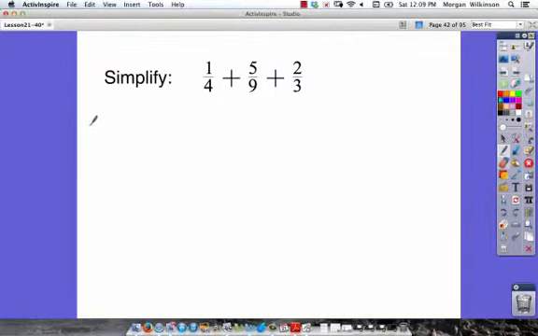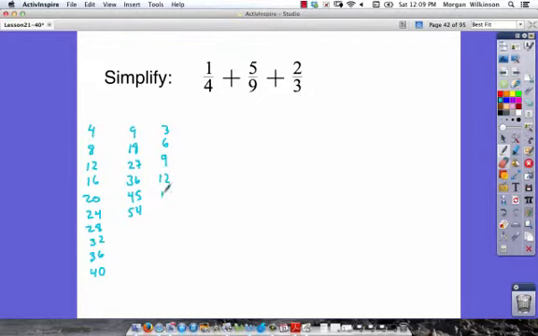So let's skip count by 4s. 4. Okay, we're going to go down this time. 8, 12, 16, 20, 24, 28, 32, 36, and 40. We can stop there. For 9, we have 9, 18, 27, 36, 45, 54. Let's stop there for now. And for 3, we have 3, 6, 9, 12, 15.